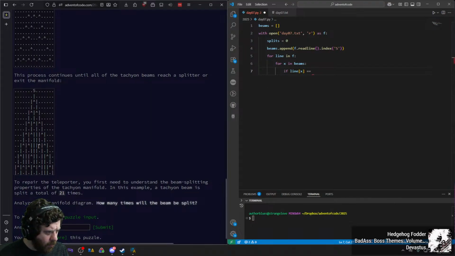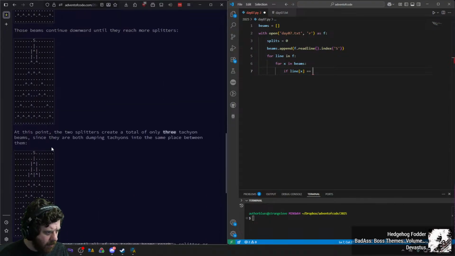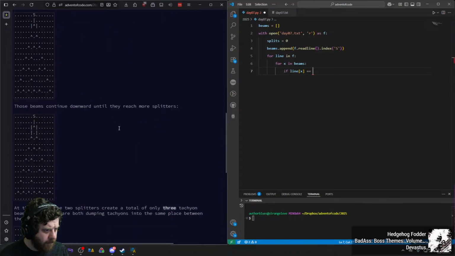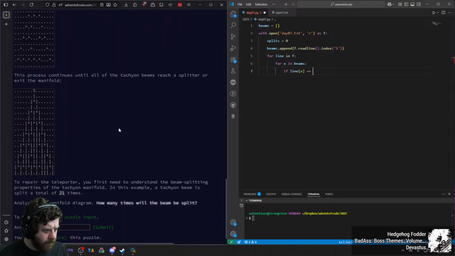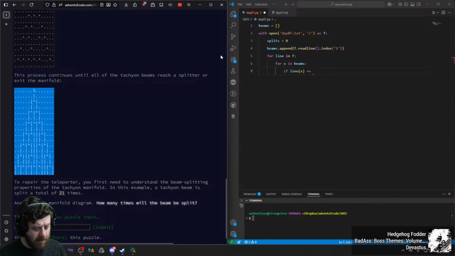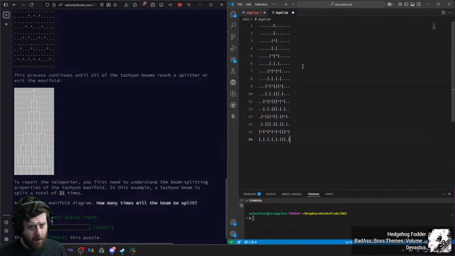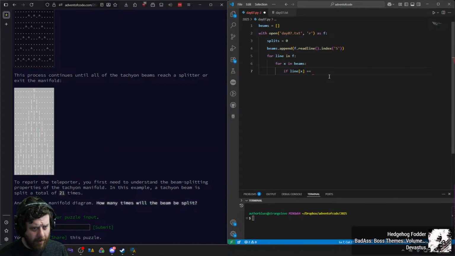What if there's already one coming down? Does that count as a split? I want to use this as my puzzle input for now, and I'll go back to the original one afterwards.